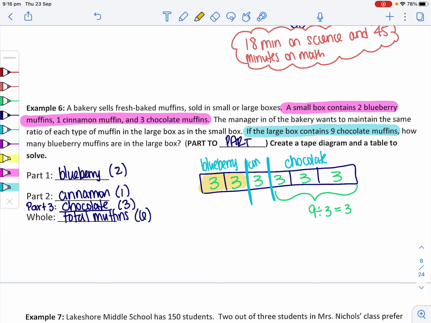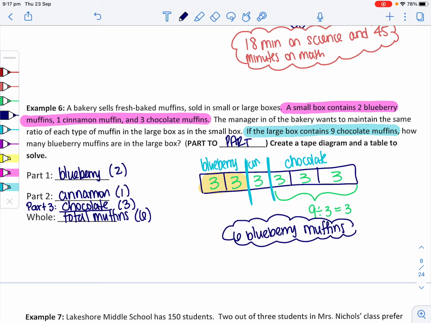So here's my blueberry muffins. There are 6 in the large box. Okay, so I've shown a variety of examples, and we are going to do some practice using the rest of the examples.